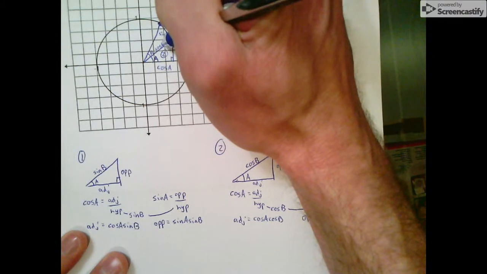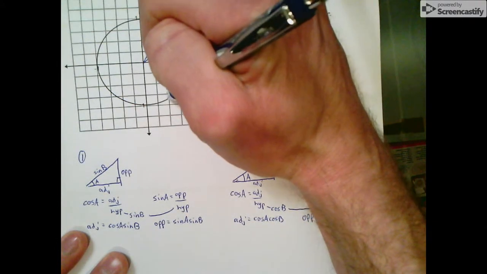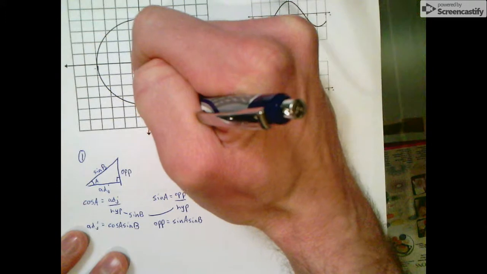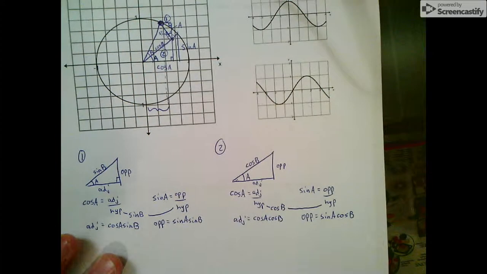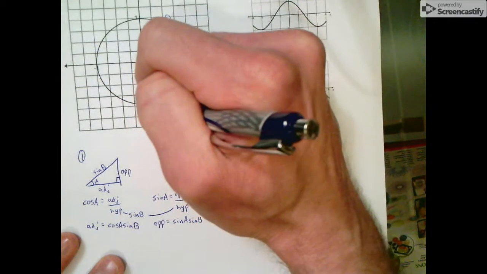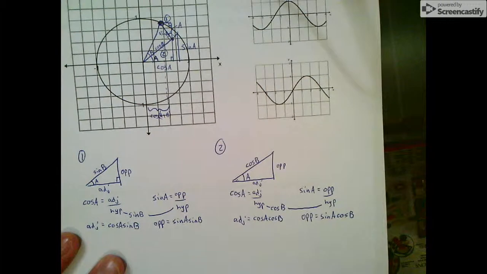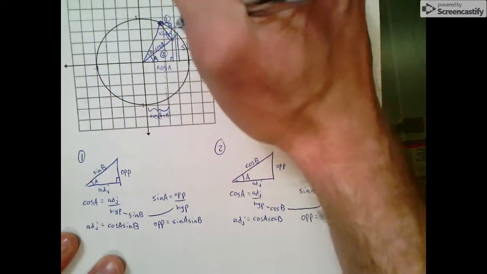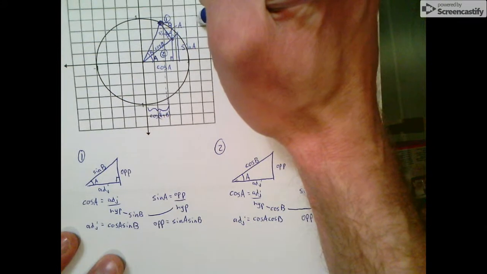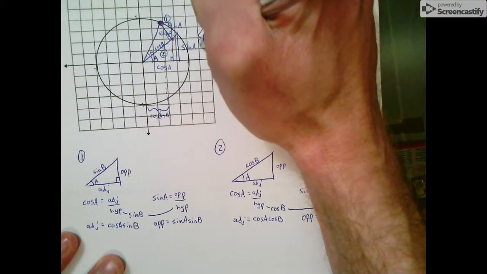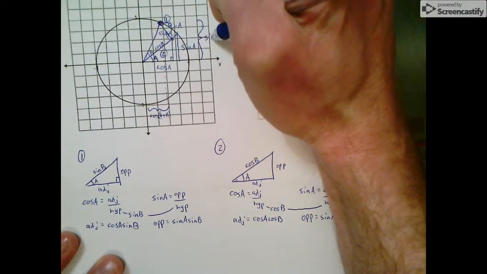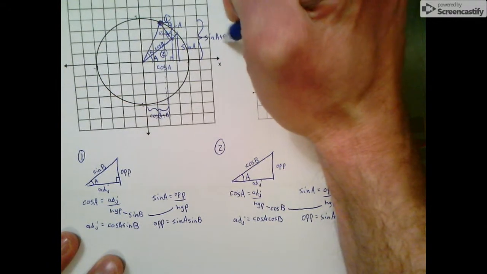Its x coordinate, draw a dotted line all the way down here, is this distance right there. That's the cos of (A plus B). And the sine of A plus B is this total distance here. So that's the sine of A plus B.